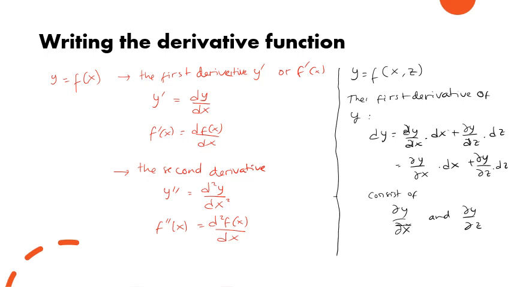For example, if y equals x squared plus 3z, the first derivative of y consists of, you have to derive that first with x. So x squared here is 2x, but in 3z you don't see any kind of x next to the 3 and z.